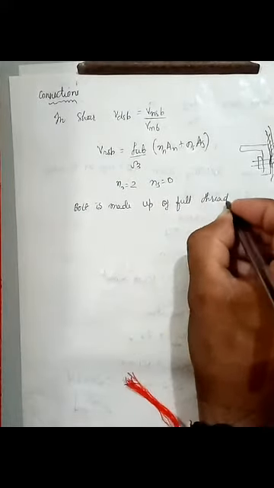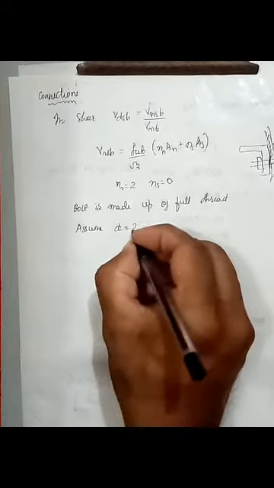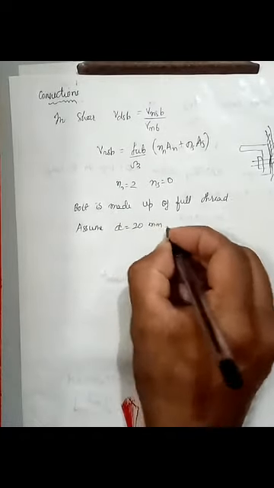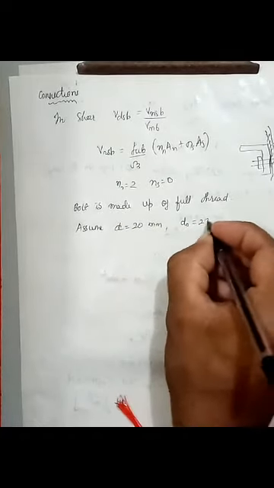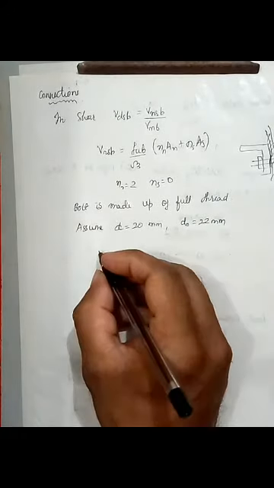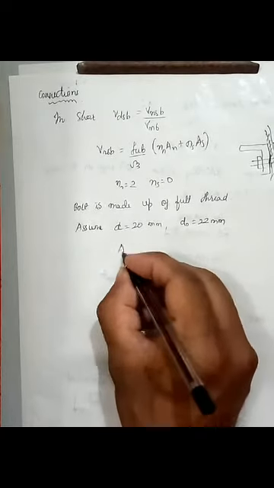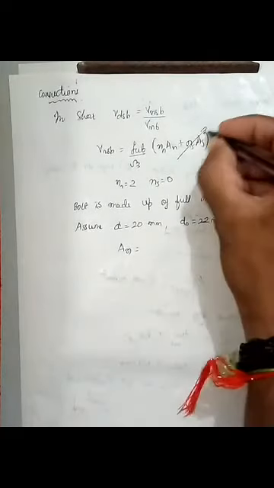So therefore Nn equals 2. Assume the diameter of the bolt is equal to 20 mm. So d naught becomes 2 mm extra, so 22 mm. So I got Nn. So what is An now? This turns to 0.